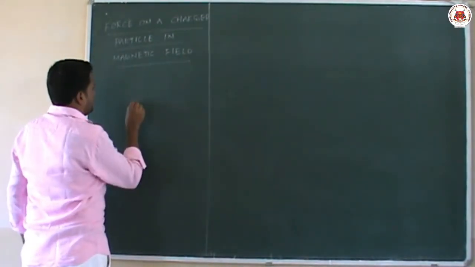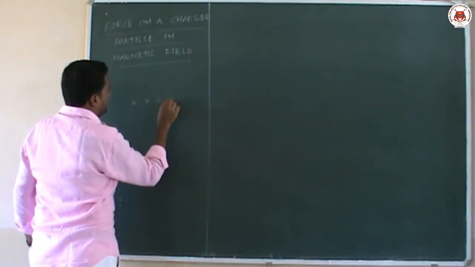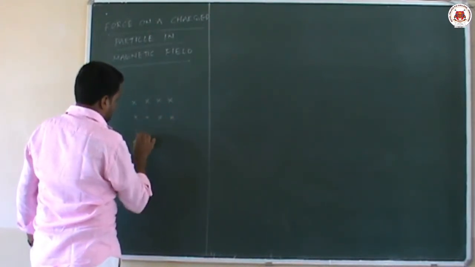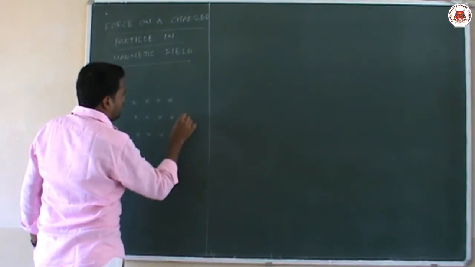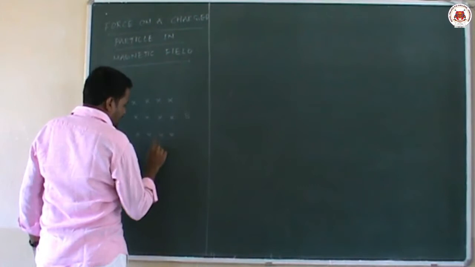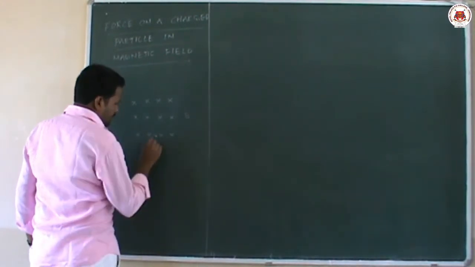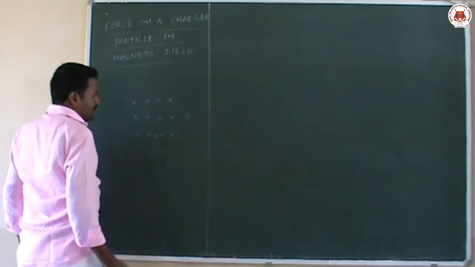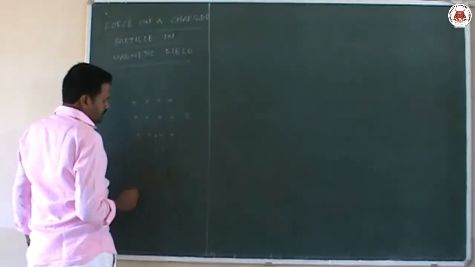First, suppose there is a magnetic field of magnetic field strength B. A charged particle of charge Q is projected with velocity V into this magnetic field.